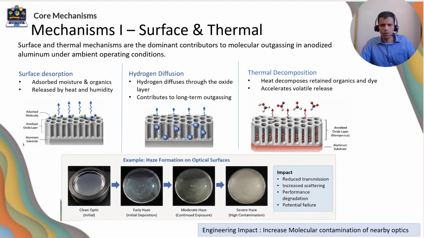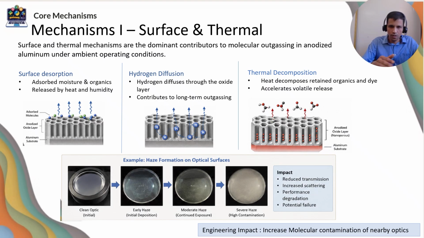Even hydrogen also. During the rinsing process or in the anodization, hydrogen molecules will also be deposited in the anodized surface, and there is a chance of that outgassing due to these environmental factors. These two things we can call boehmite dehydration, where all the water molecules dehydrate and create haze formation on the optics.